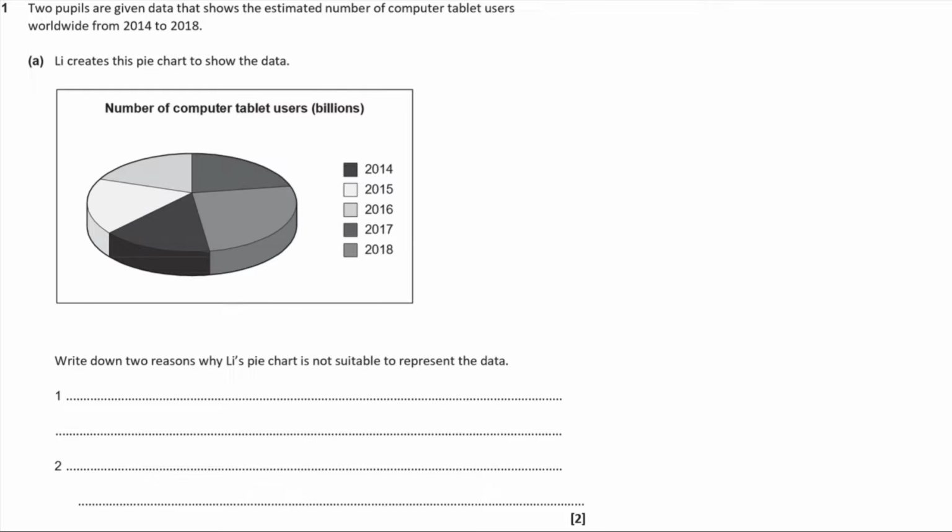So I'm going to write down pie charts show proportion, not values, so can't see actual numbers of users.